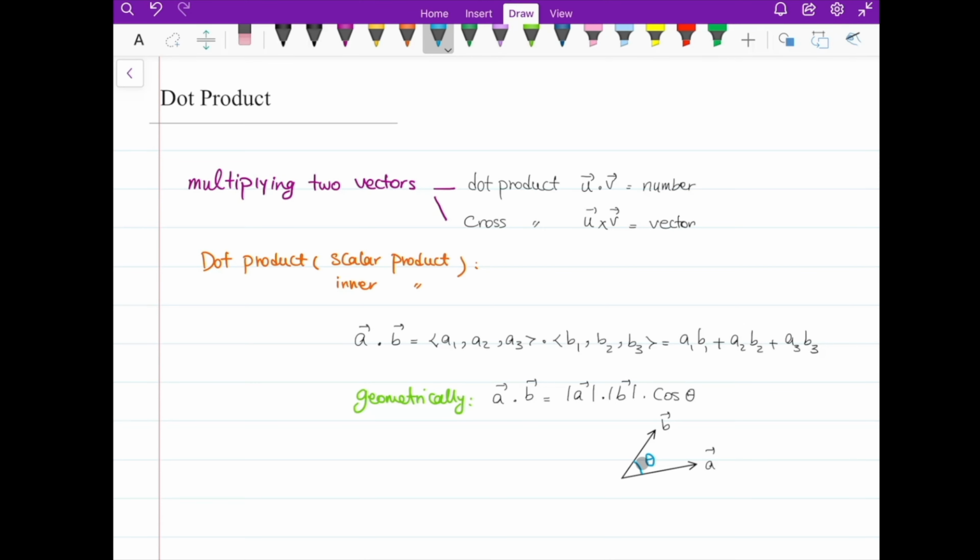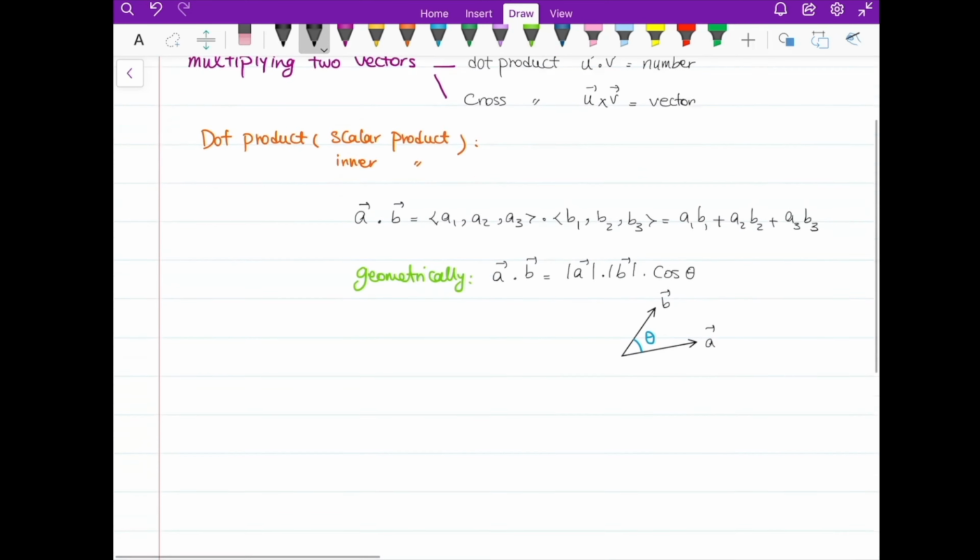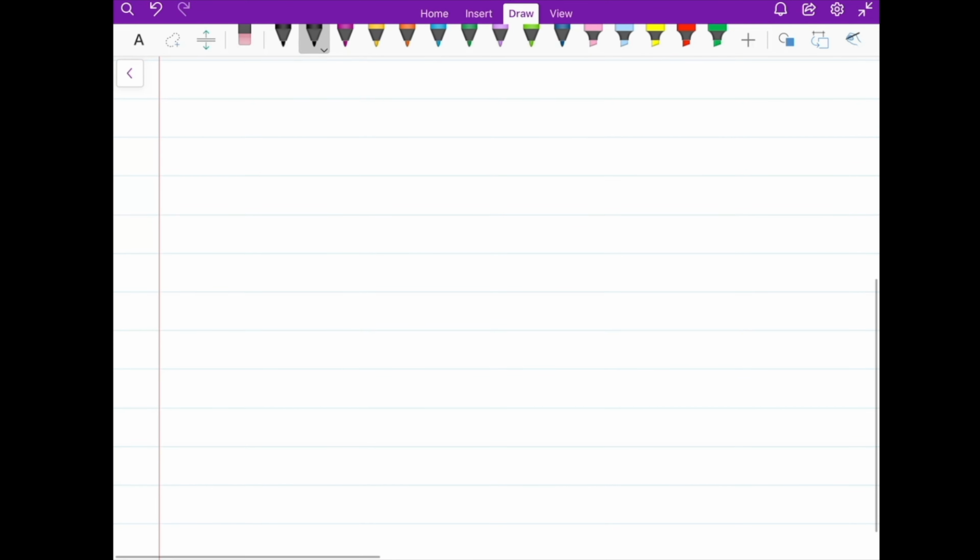Okay, so let's talk about properties of dot products. The first one is that the vector a dot product with the vector a itself, what would it be?